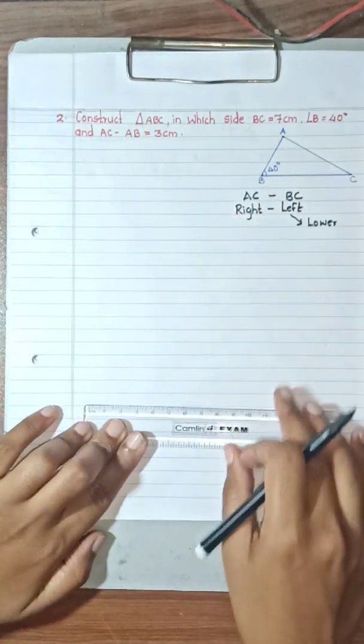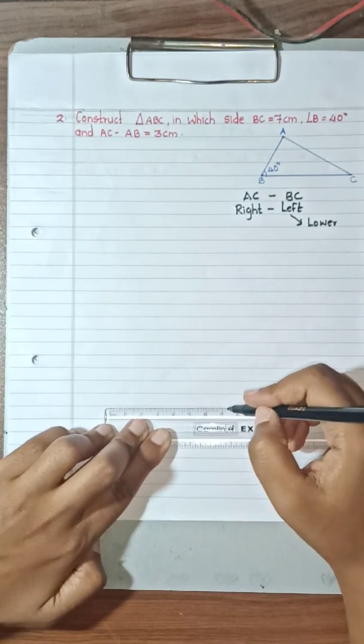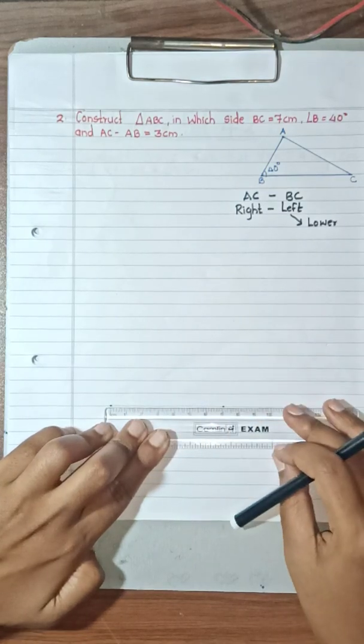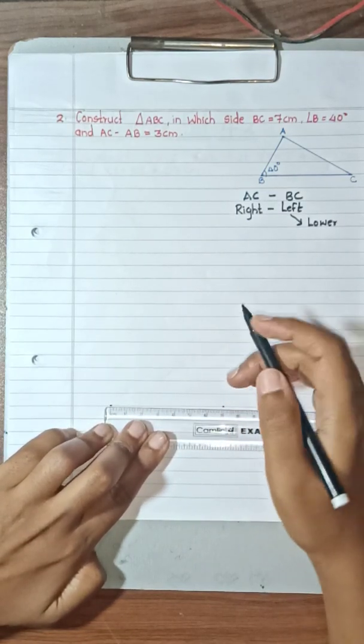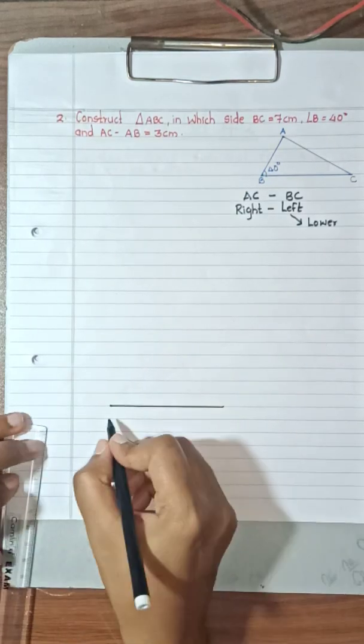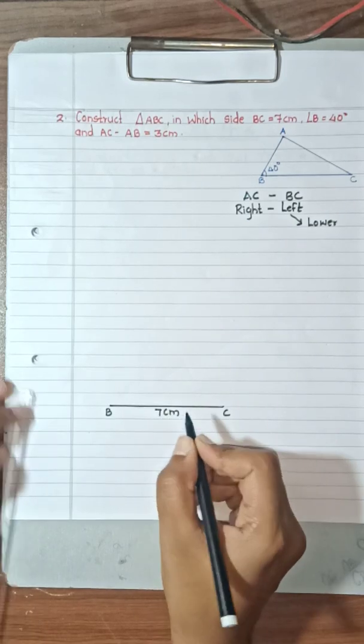So you have to take a distance of 7 centimeters first. So see here, I have 7 centimeters, so I'll name it BC, 7 centimeters.